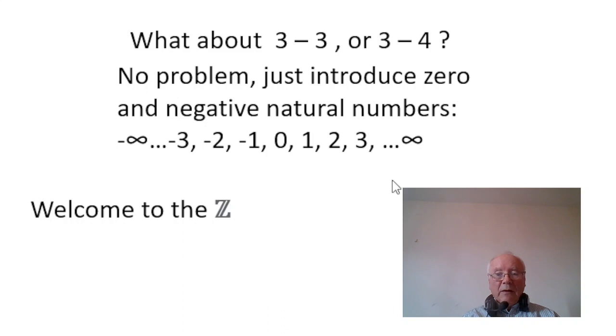So what we end up with is a complete set of numbers from minus infinity through 0 all the way to plus infinity. And this set of numbers is referred to as the Z numbers. Z stands for the German word for number, which is Zahl, or Zahlen in the plural. A lot of this work was done by German mathematicians.